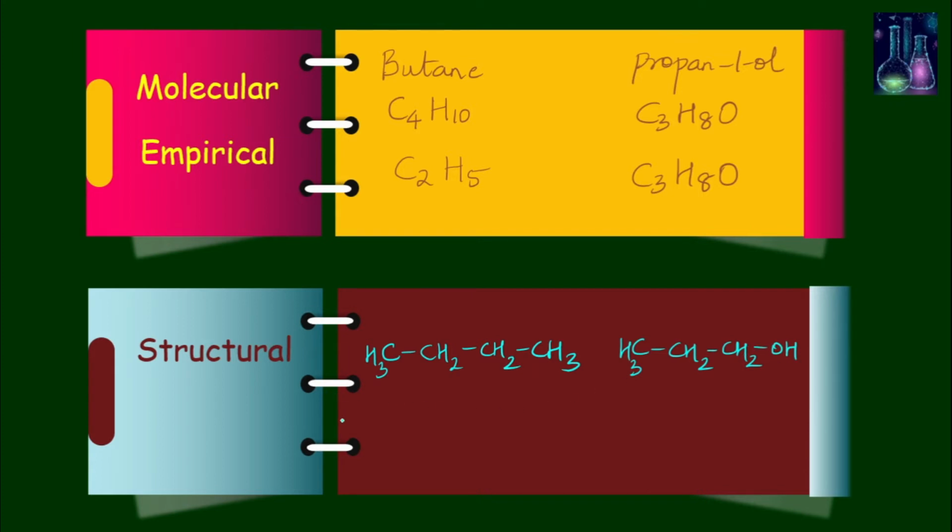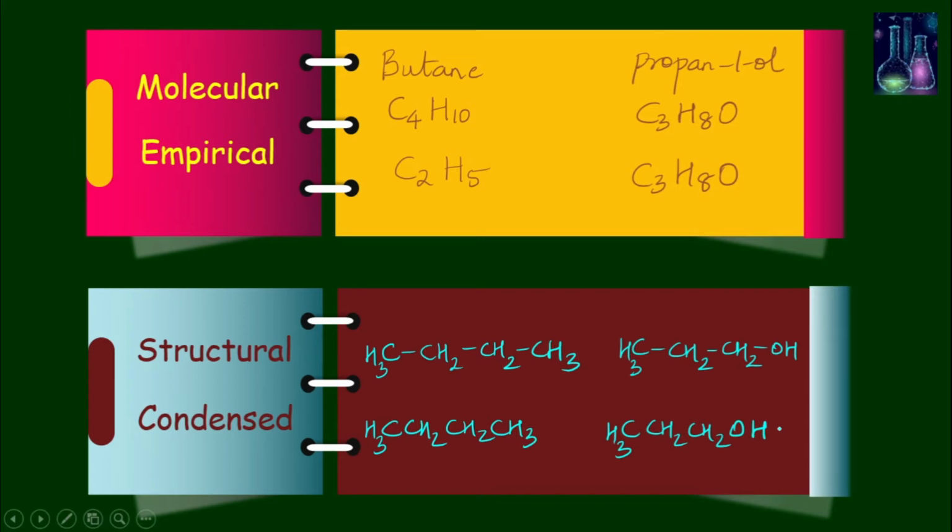Now for the condensed formula you will be writing CH3 CH2 CH2 CH3, and over here it will be CH3 CH2 CH2 OH. Now let's see the next kind of representation, that is the display formula and skeletal formula.